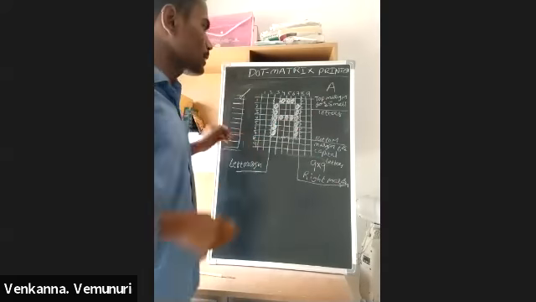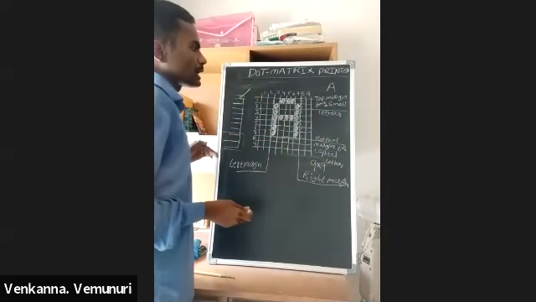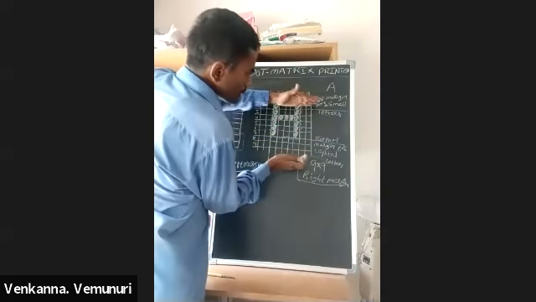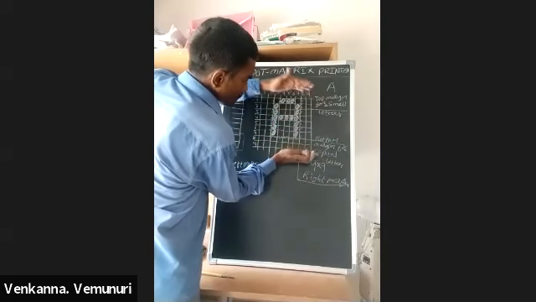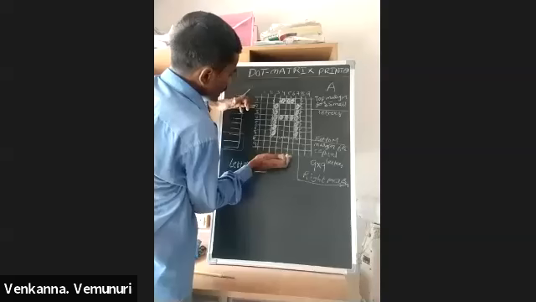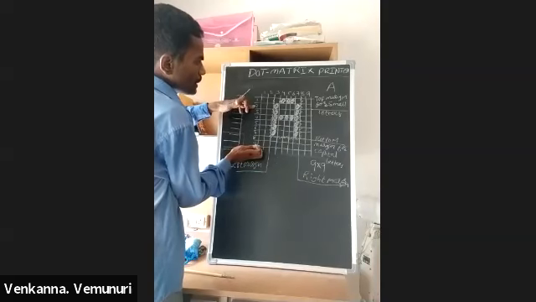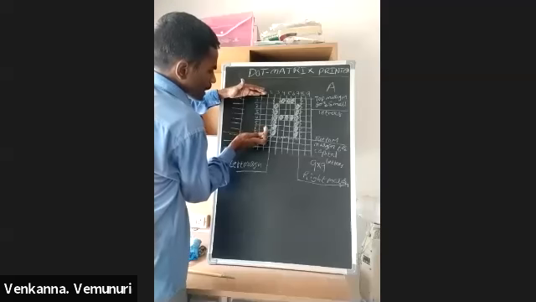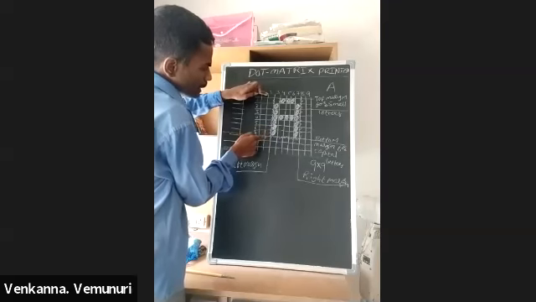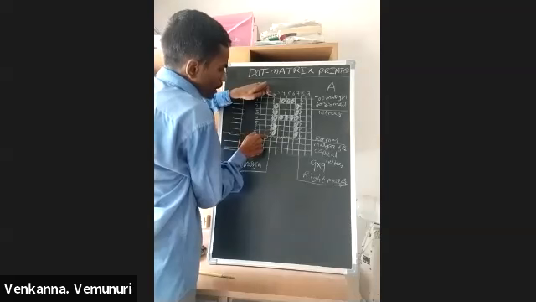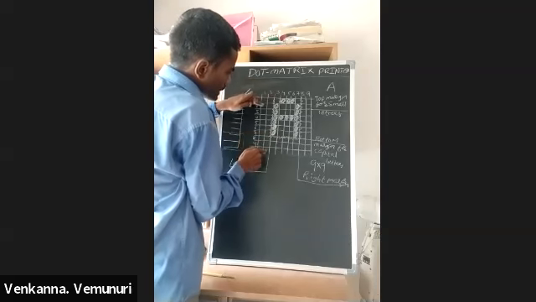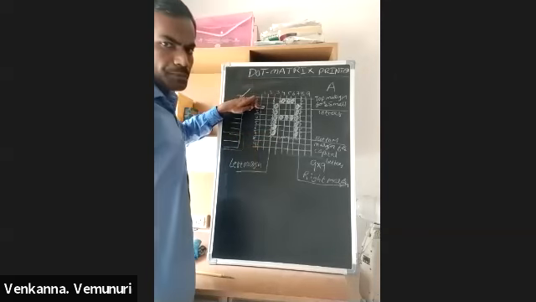And for example, if you want to print a small letter, that time it is taking this place, from pin number 2 to 9. If you want to print a capital letter, that time it is taking pin number 1 to 7. This is the capital letter printing area, and this is the small letter printing area.